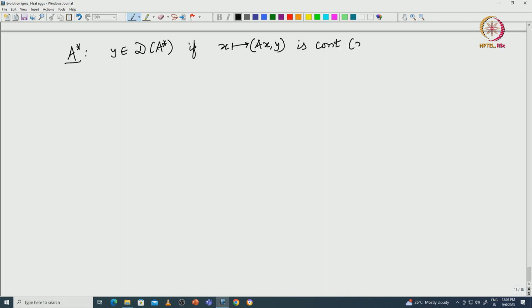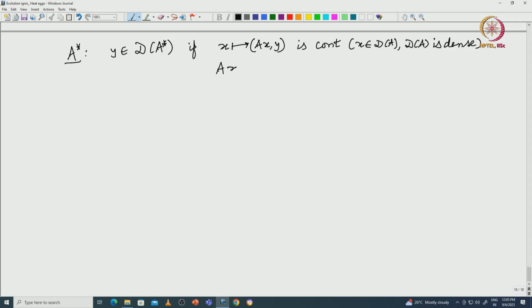Okay. So, of course x belongs to dA, and of course dA is dense. Okay. So, this was essential in order to get this unique element.